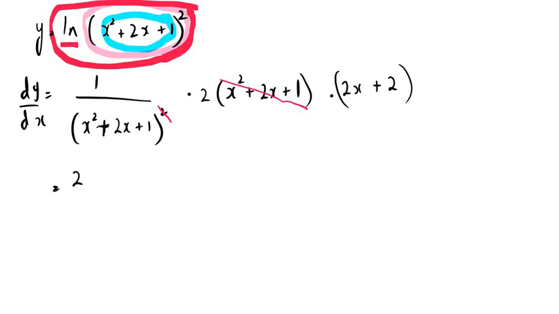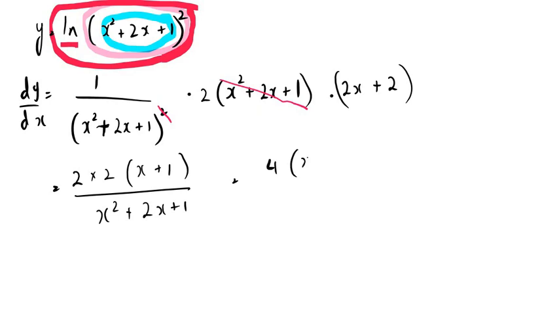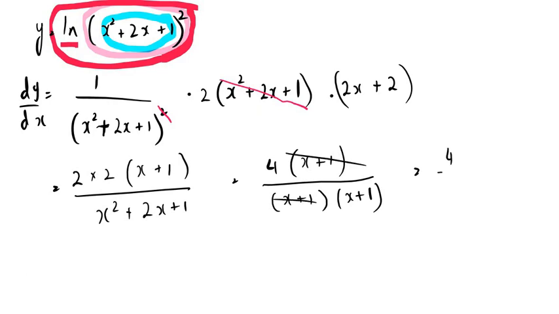Now we can take this close to the equal sign, and we can get rid of one of these, right? So we can take one of these 2's out with this, or we'll take 2 times 2 times (x squared plus 2x plus 1) over (x squared plus 2x plus 1) squared.